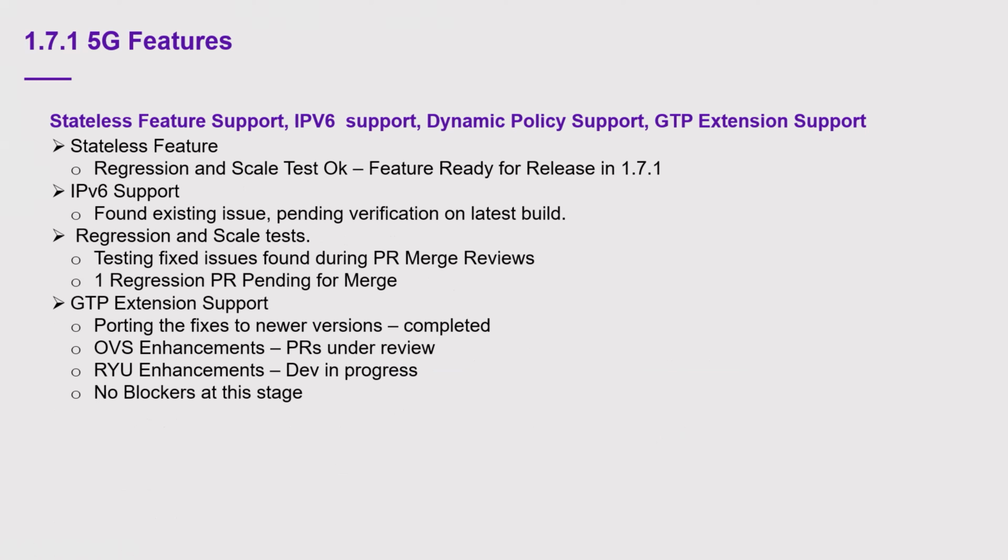With IPv6 support, we found some existing issue, and this is under verification right now in the latest build. In regression and scale test related issues, this is basically continued testing and fixing and merging the issue. One issue is still pending for merge, and we are fixing the issue we found during the merge.